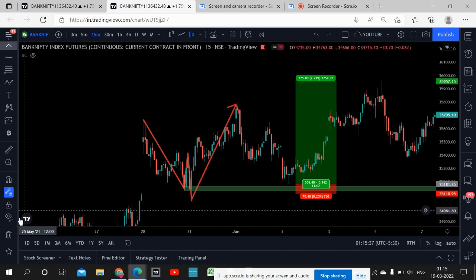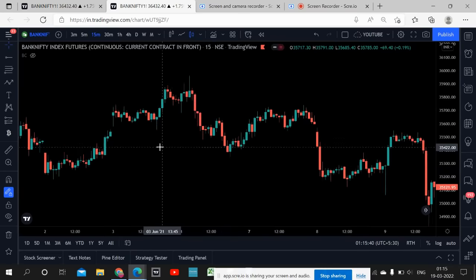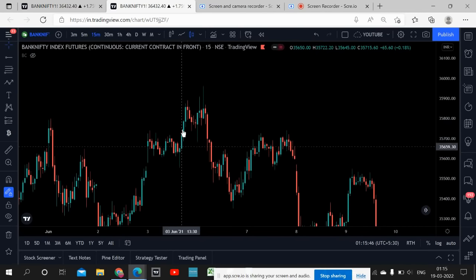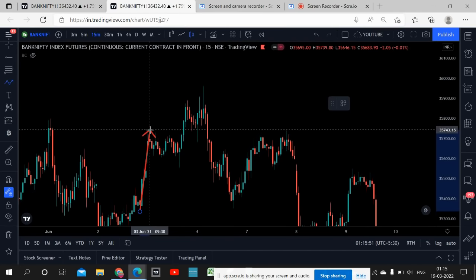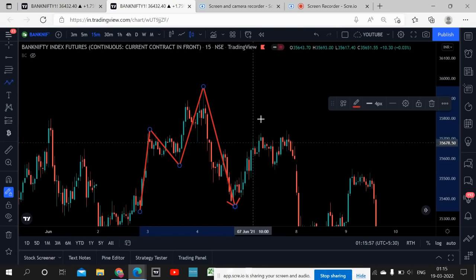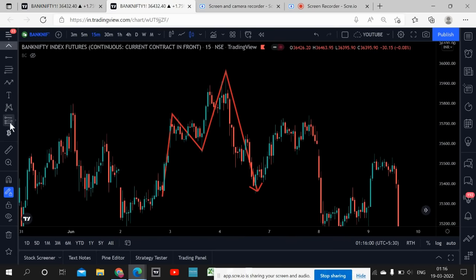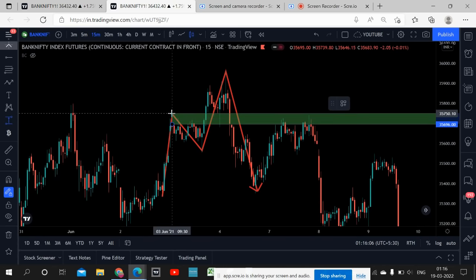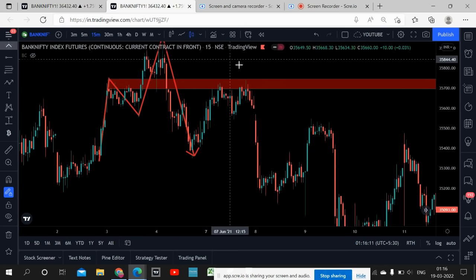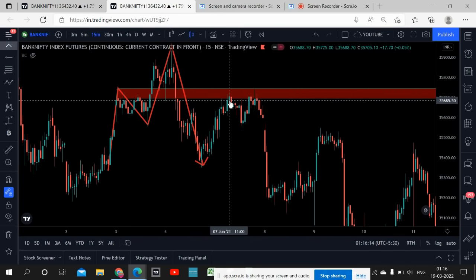Okay guys, you can see the power of levels, how the power of trend reversal is giving huge profit. See, strong trend reversal. See, the first time it took entry, it gave roughly around 100 points.